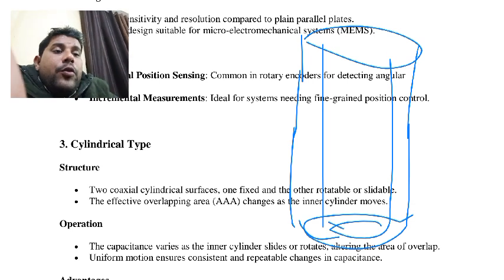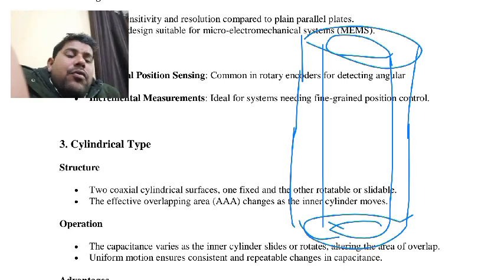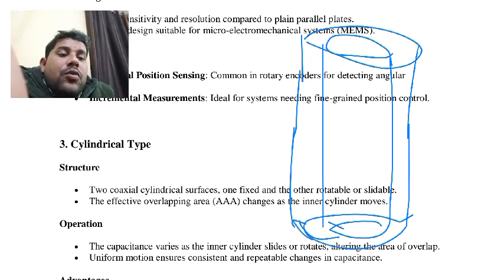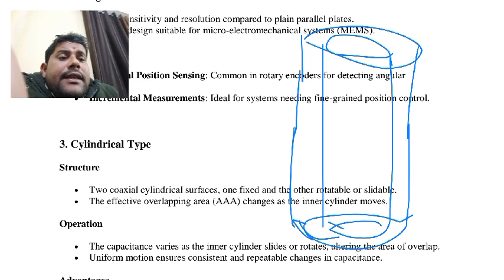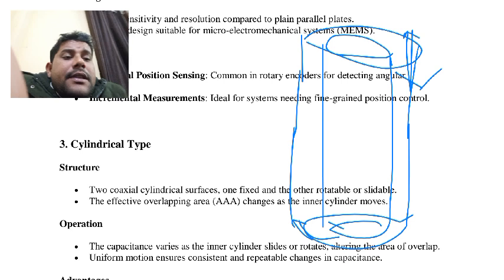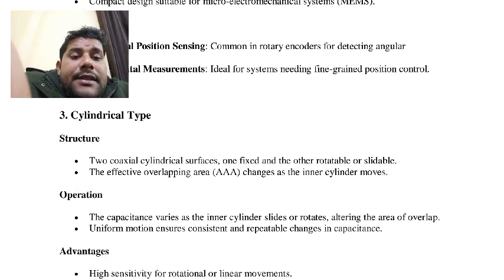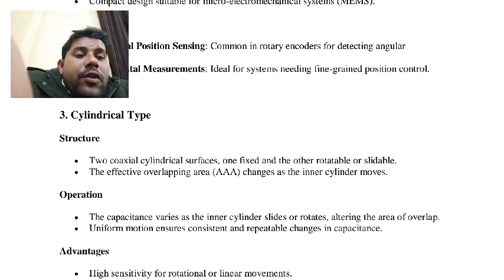We are moving from here. As the inner cylinder moves in and out, the capacitance is changing. So the capacitance varies as the inner cylinder slides or rotates, altering the overlapping area.